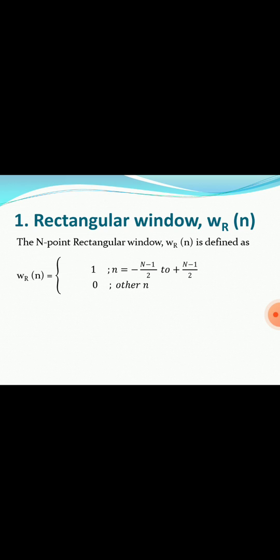Here R represents rectangular window. It has the magnitude 1 for n varying from minus (N minus 1) by 2 to plus (N minus 1) by 2, and for other values of n, the magnitude will be 0.